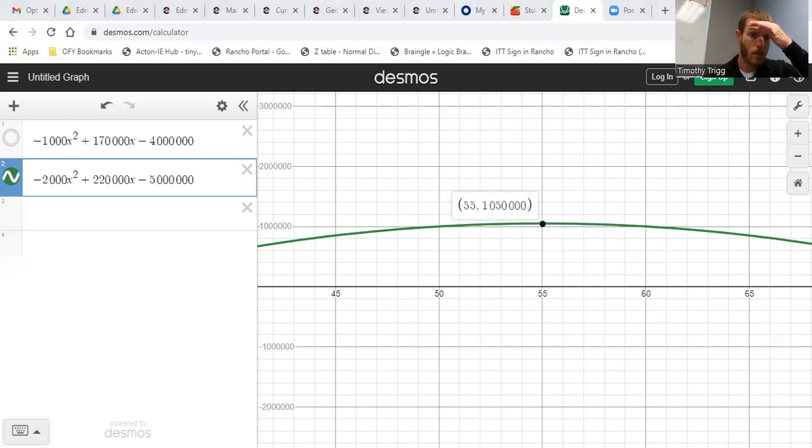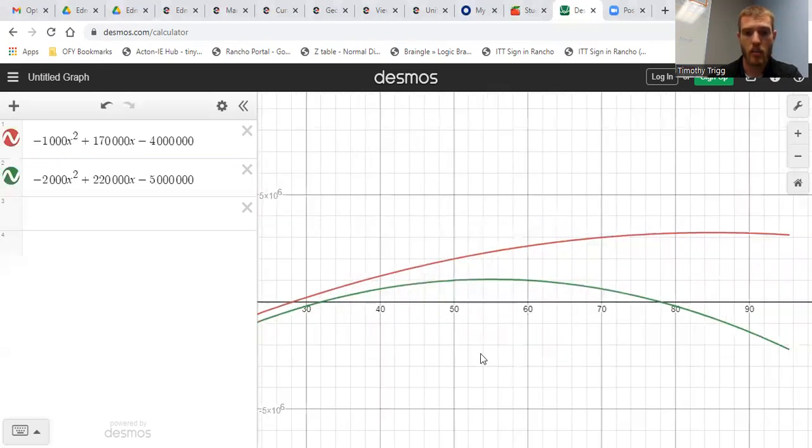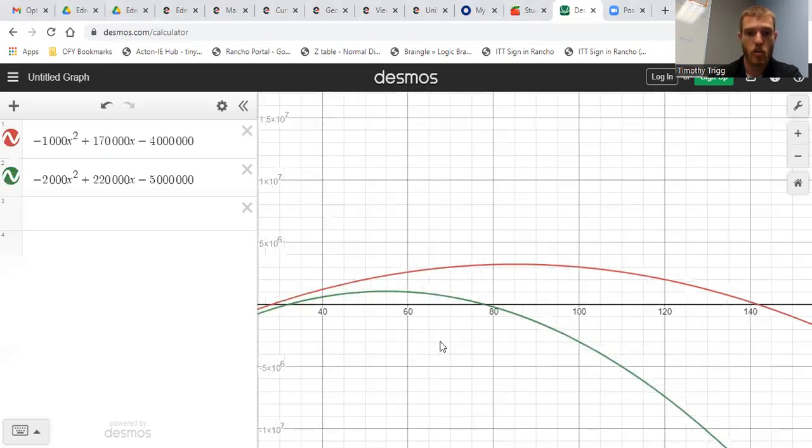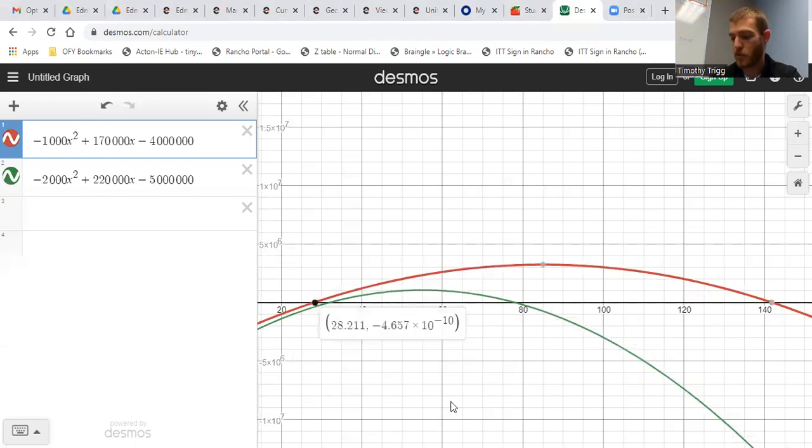Go ahead and put that graph into Desmos. I've already done it here, and you can see this equation is actually much nicer. So for this second profit equation, she'll earn a profit if she sells for $28.21 all the way up to $141.79.